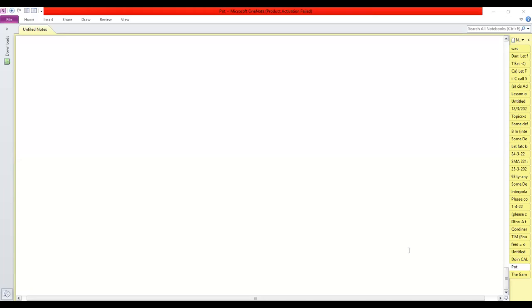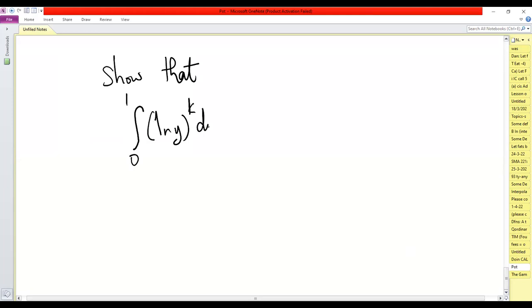We have to show that the integral from 0 to 1 of (ln y) to the power k dy is given by negative 1 to the power k multiplied by k factorial, where k is any natural number.